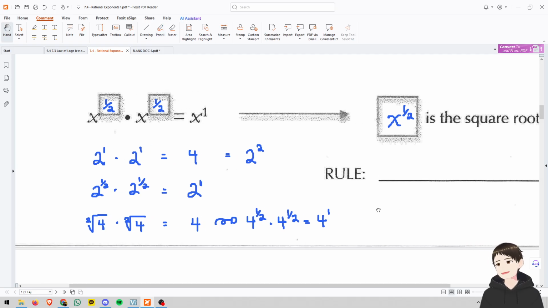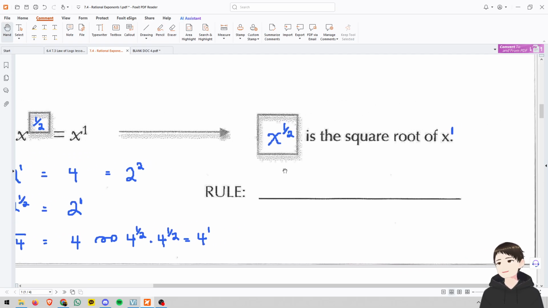So what am I trying to get at? If you see an exponent with a fraction, the denominator is equivalent to the root. So in the square root, that's going to be a 2. Okay? So I'll write this, the rule.